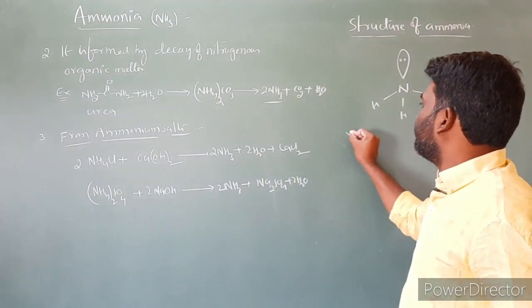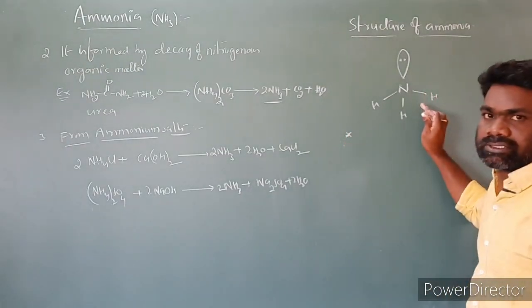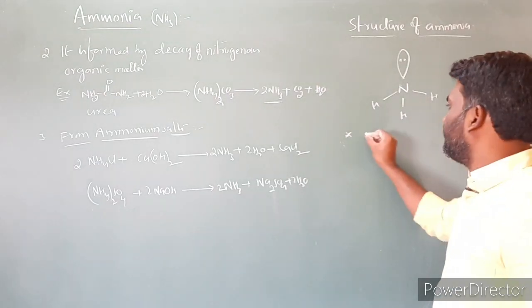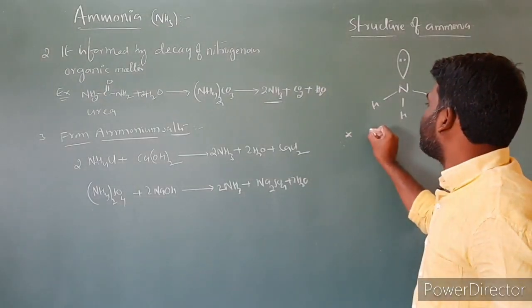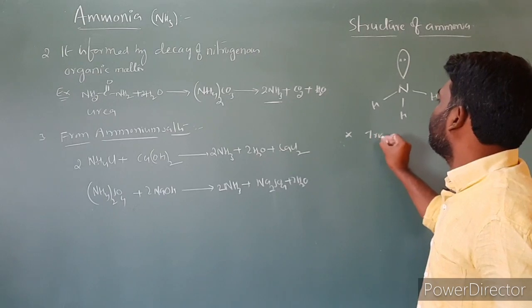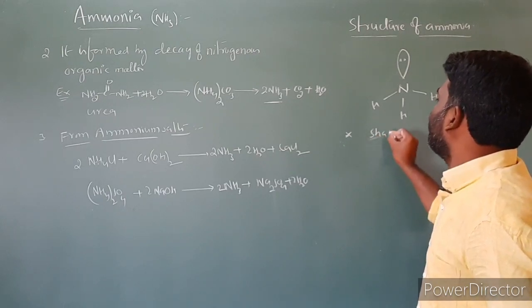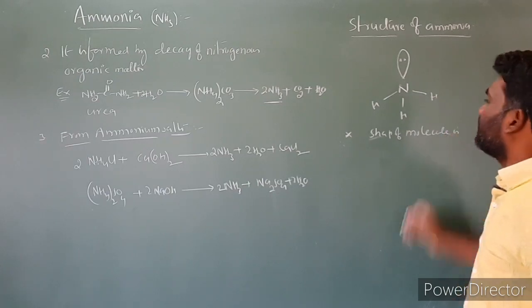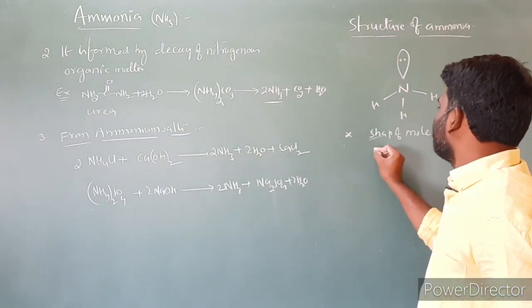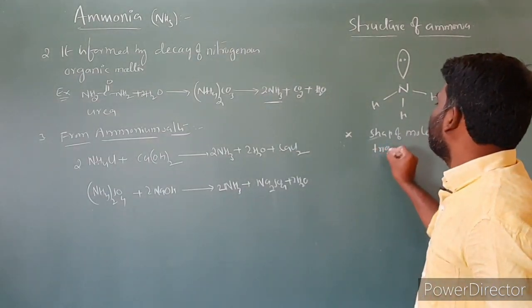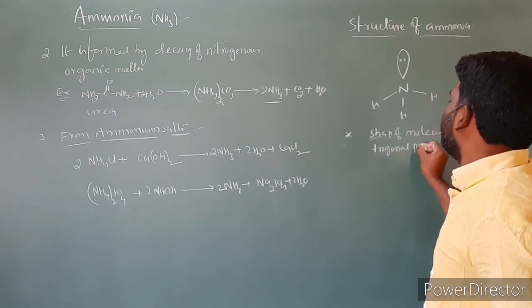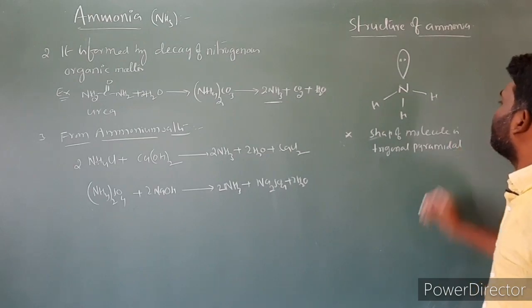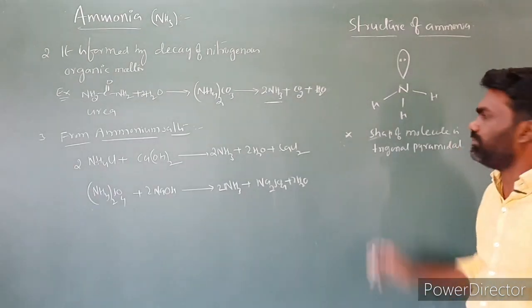So by looking at the structure, the shape of ammonia is trigonal pyramidal. The shape of the molecule is trigonal pyramidal.